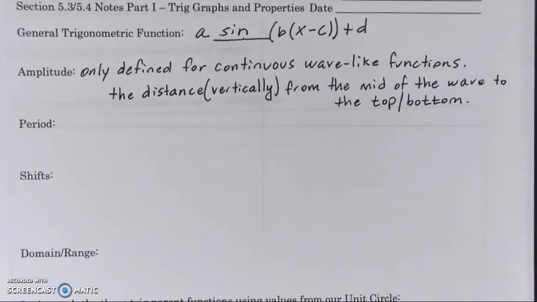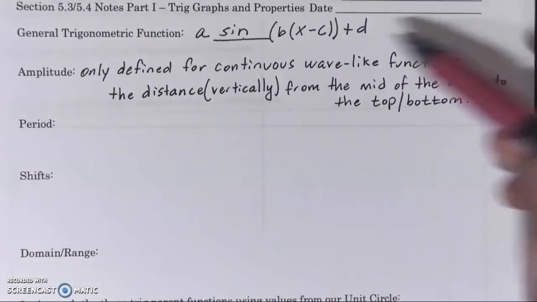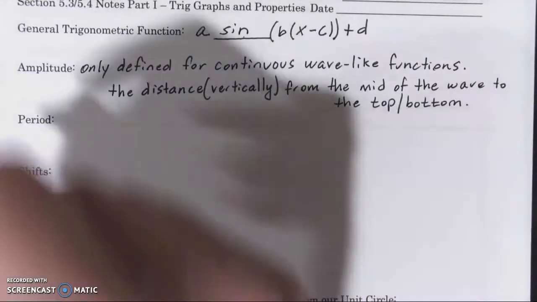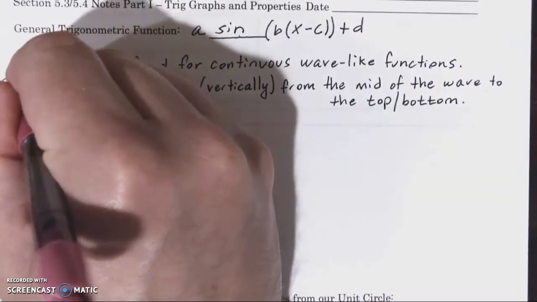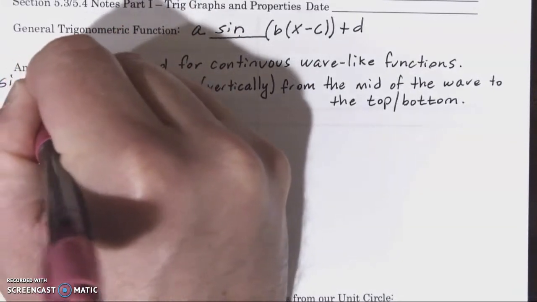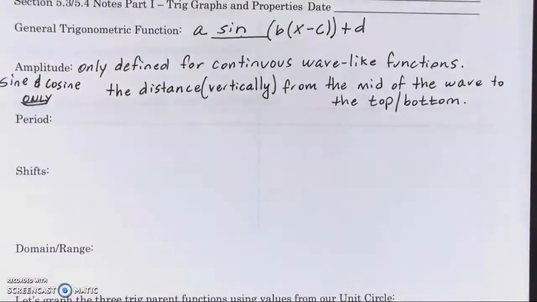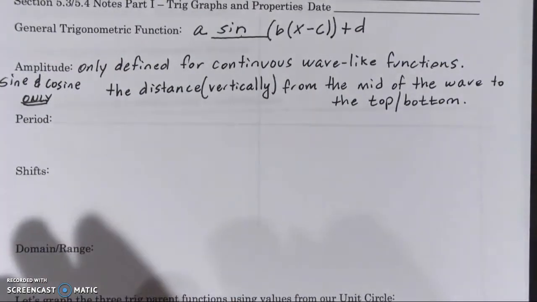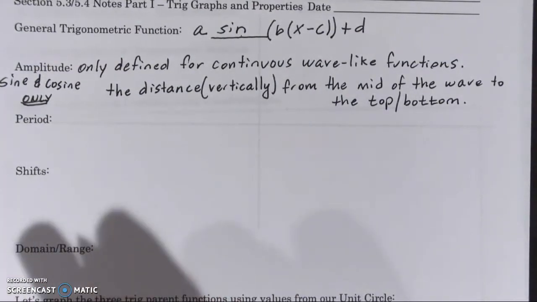Okay. We will talk more about amplitude with this definition when we actually graph sine and cosine here. Okay? So the amplitude is only defined for wave-like functions, so it's only defined for sine and cosine only. None of the other trig function graphs will have an amplitude at all. We can't even consider it. Okay?